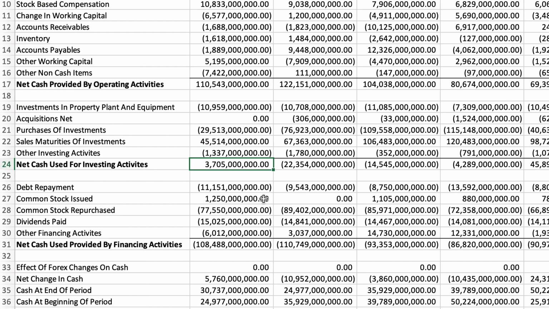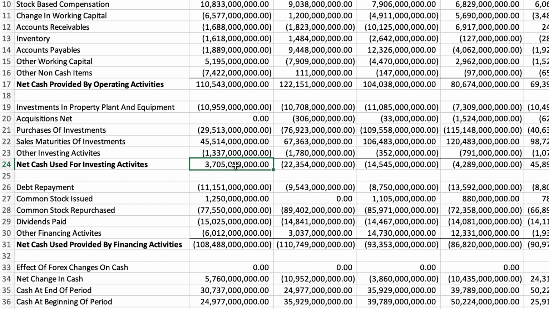Now, for the investing activities, this cash flow is a little bit different, and the reason why is because this is the cash flow that was generated by the company via investing activities. And for all of these cash flows, the thing that you need to know is that they could be positive or negative. If it's positive, it means that the company gets to keep that cash flow and use it for whatever the company wants.